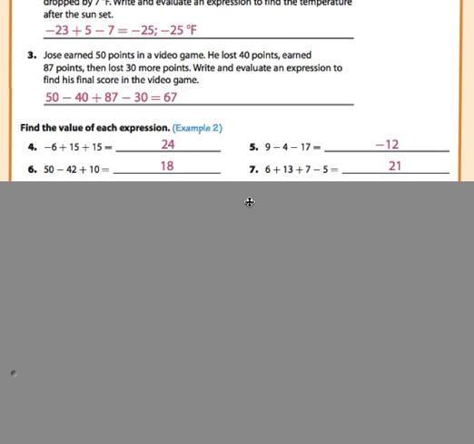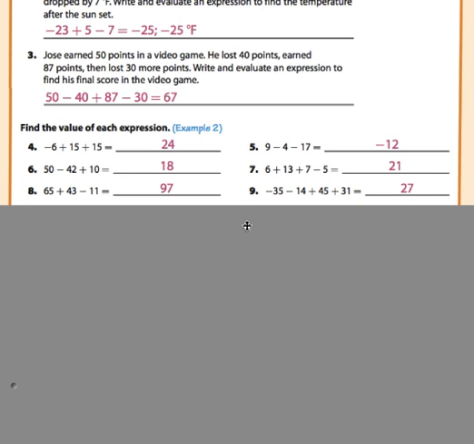Number 6, we have 50 minus 42. Then after that, you added another 10, which would have gotten you 18. Number 7, 6 plus 13 plus 7, and then after you subtract another 5, you should have gotten 21.